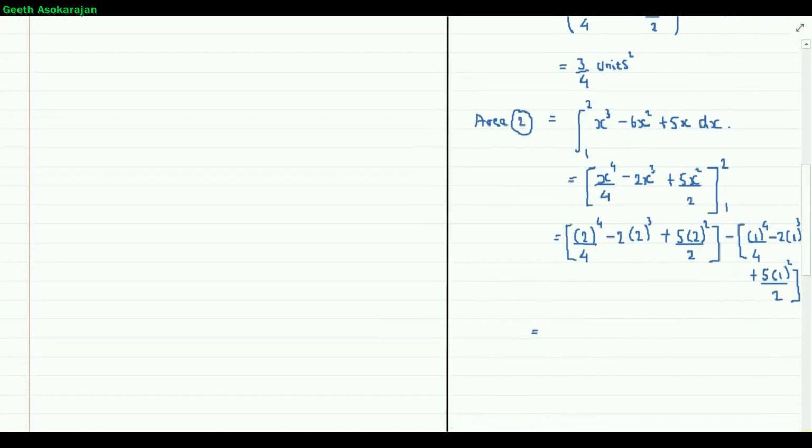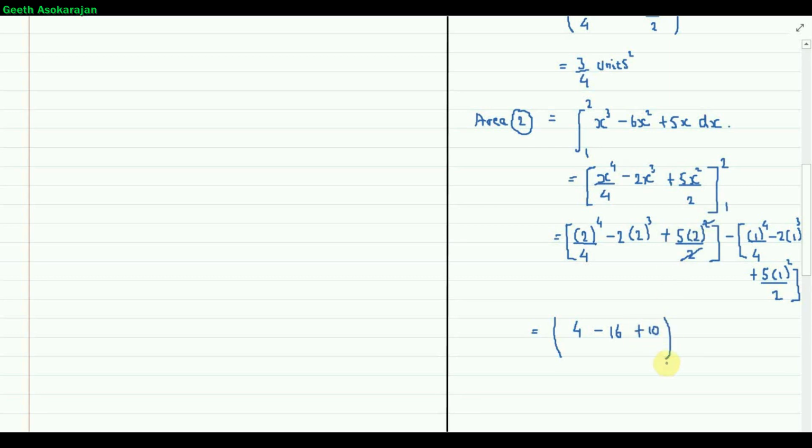So let me scroll down a little bit. So with regards to the first bracket, 2 to the 4 is 16, 16 over 4 is 4, 2 cubed is 8, times minus 2 is minus 16, and I can cancel one of these 2's with only one above. 5 into 2 then is 10.